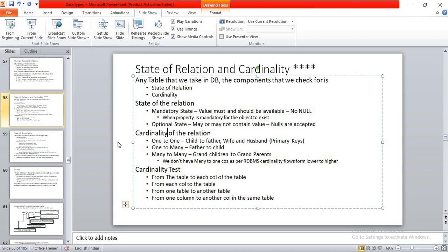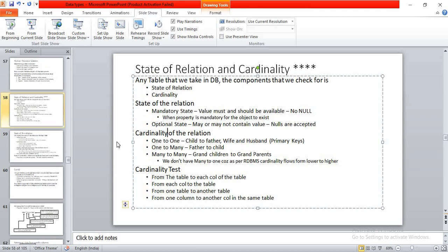But when you're talking about relational database systems, many to one doesn't exist, because in a relational database, the cardinality always flows from lower cardinality to higher cardinality. So that is why it is always one to many in a relational database. Many to one doesn't even exist.